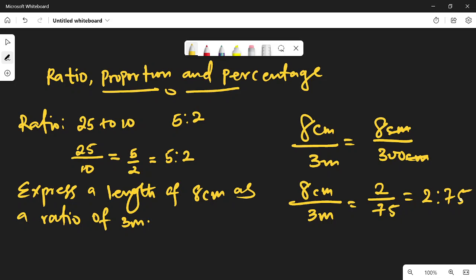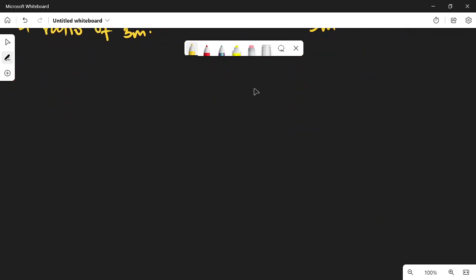Alright, so if that is clear, let us get what we call proportion. When they say proportion, what exactly are they implying?